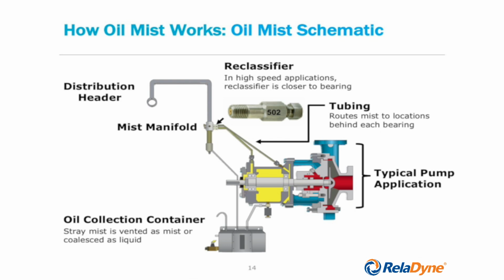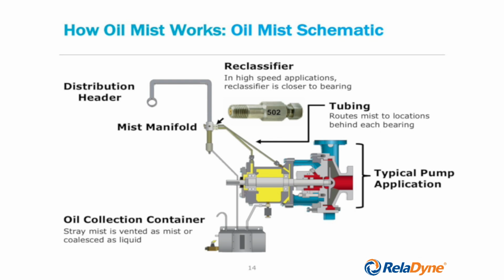In the lower left of this slide, you actually see an oil collection container. Now that is not to be confused with a very large container that we previously saw to the left of the oil mist generator. This is a collection container where any kind of liquid oil that has been liquefied in the process of going through the bearing can be collected.